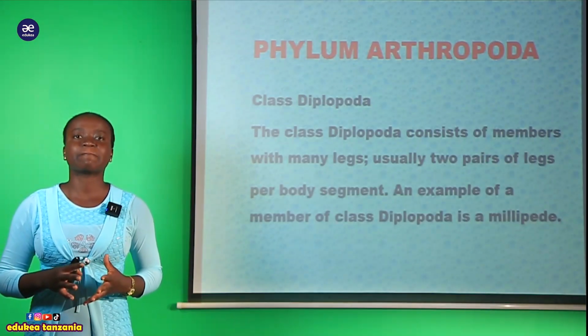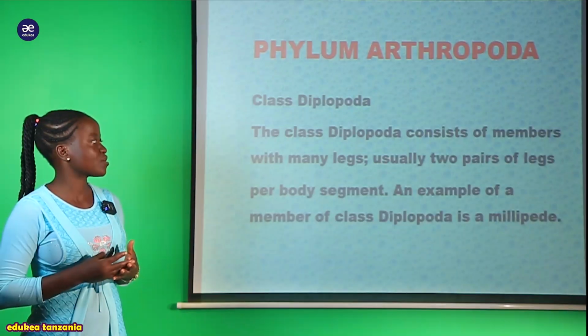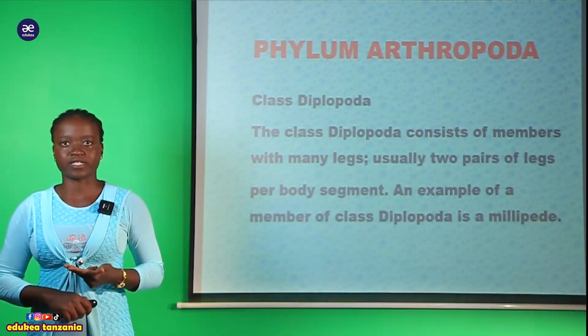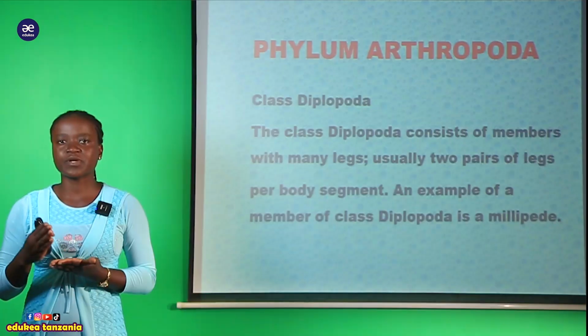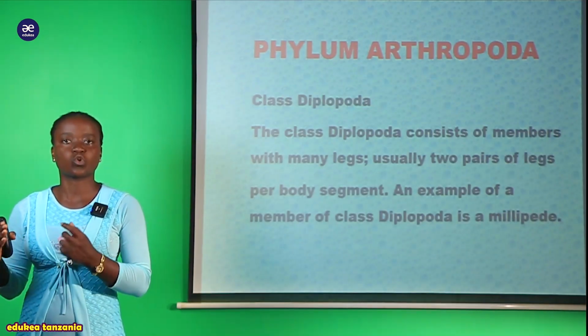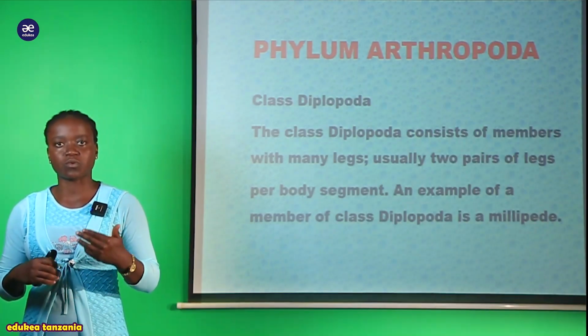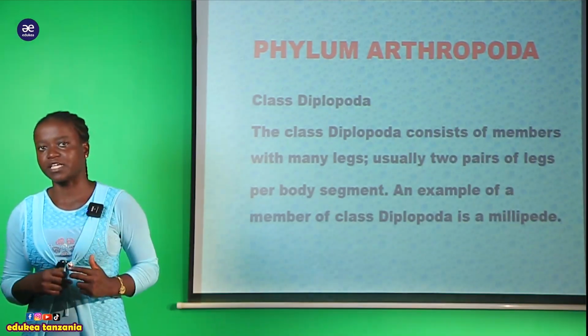They have very many legs within their body, and on each segment, each part of their body, each segment contains 2 pairs of legs. This means that with 2 pairs, they will have 4 legs on one segment.